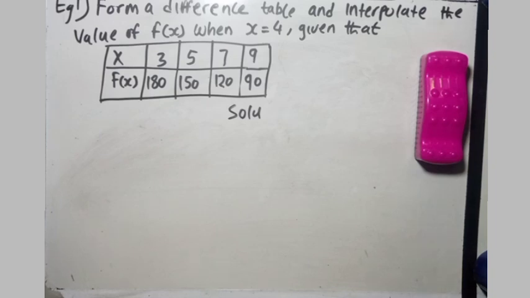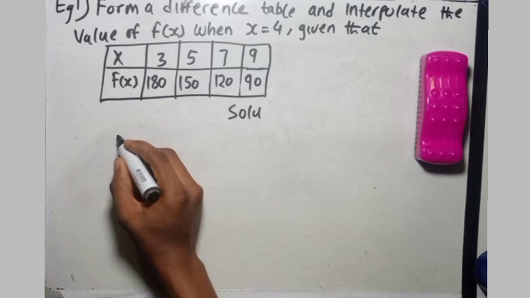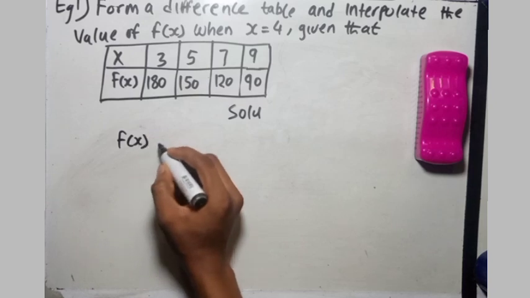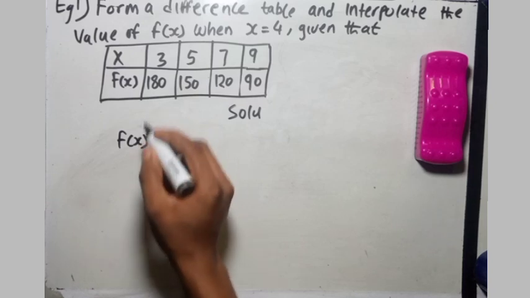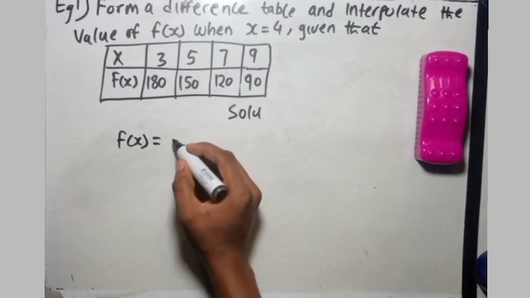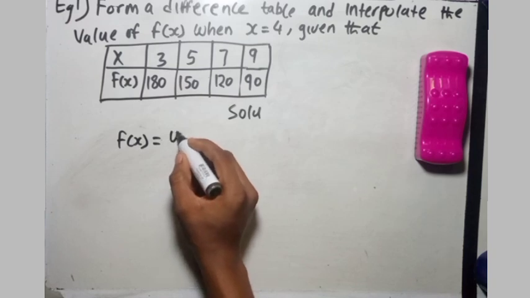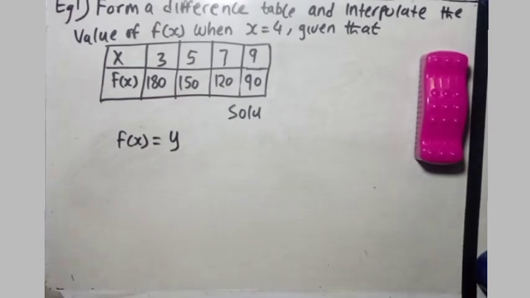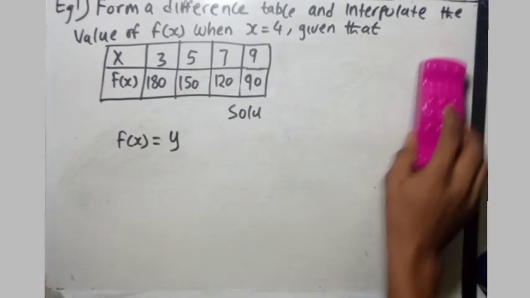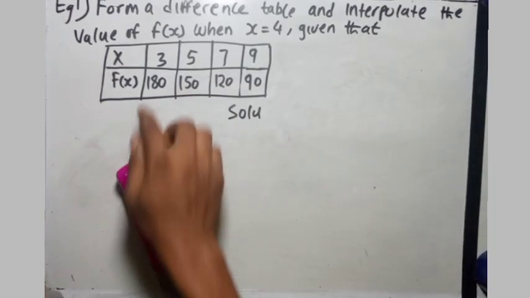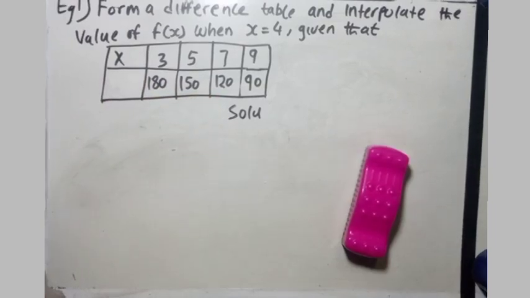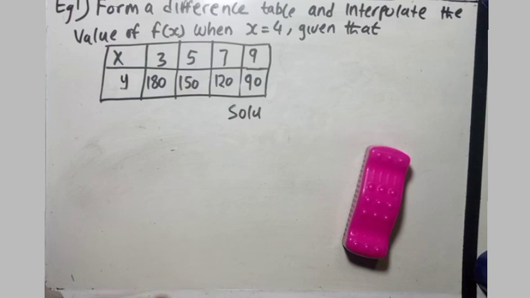Now our formula is: the f(x), whatever we choose to call it, that we are looking for, is going to be our first value of f(x). I would prefer to call it y. So one change I'm making is changing this to y.